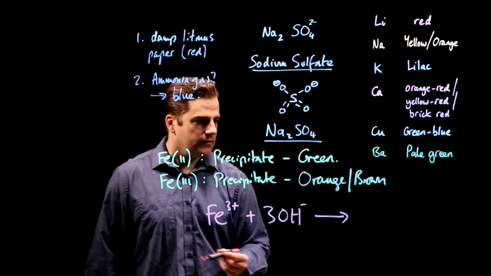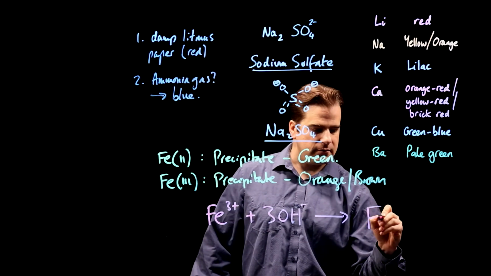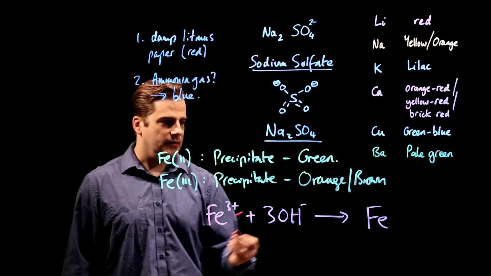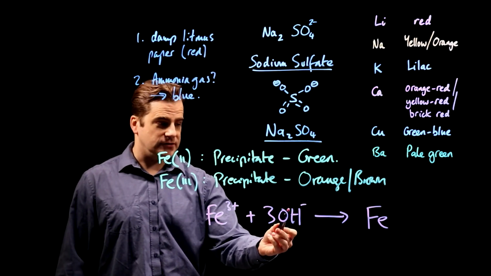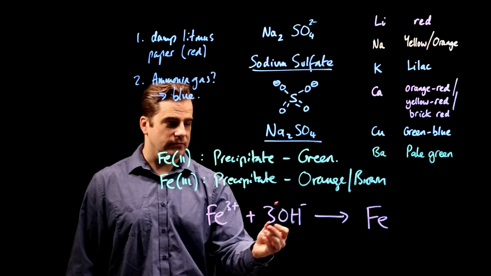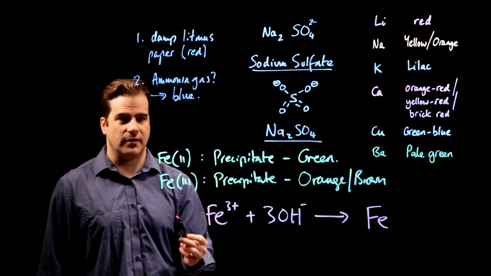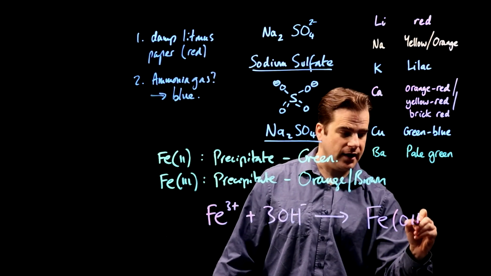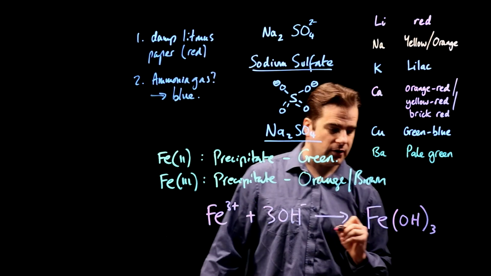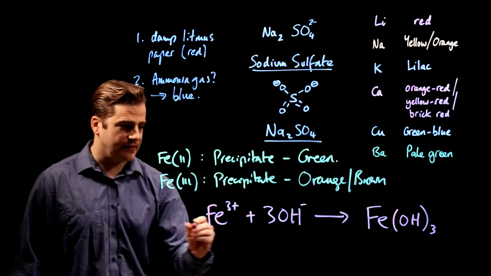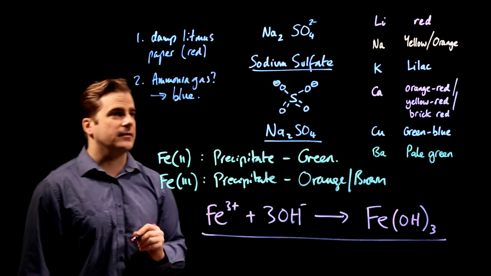Well, you've only got 1 iron atom, okay? Each of these 3 hydroxides jump onto the iron, and so there's 3 of those, and it started off as 3 plus, so the charge is balanced. So we just get 3 hydroxides on the iron. It's iron hydroxide. That's it. All right, there we go.